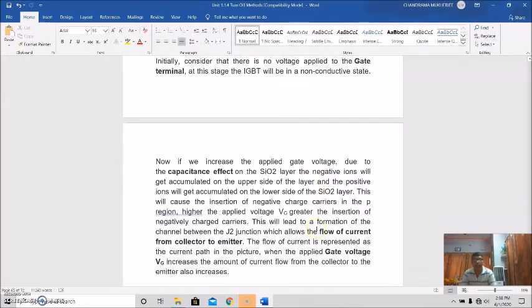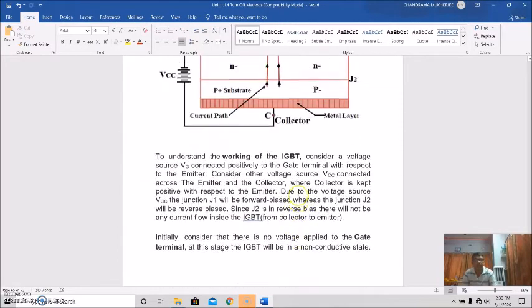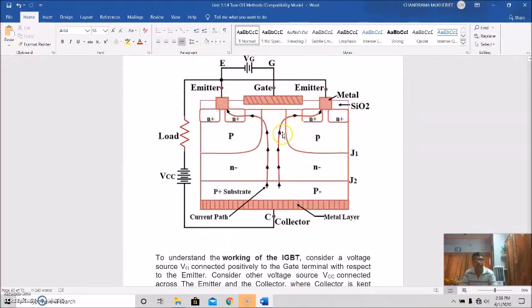Now if we increase the applied gate voltage, due to the capacitance effect on the silicon dioxide layer, the negative ions will get accumulated on the upper side of the layer and the positive ions will get accumulated on the lower side of the silicon dioxide layer.